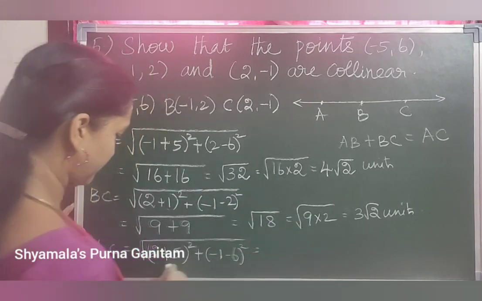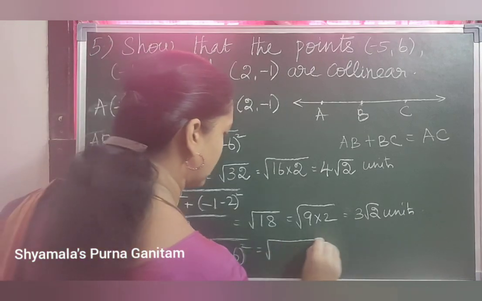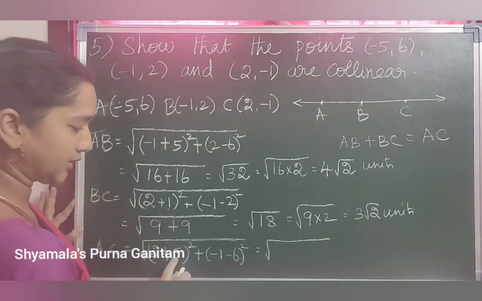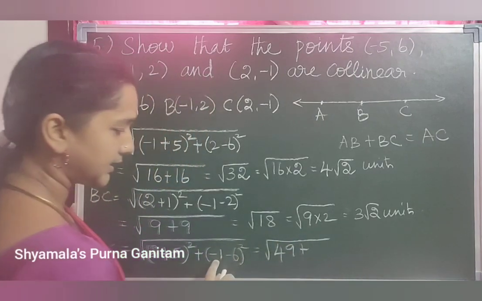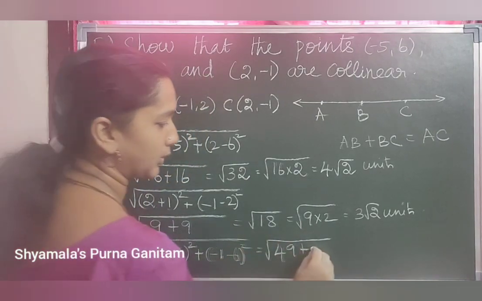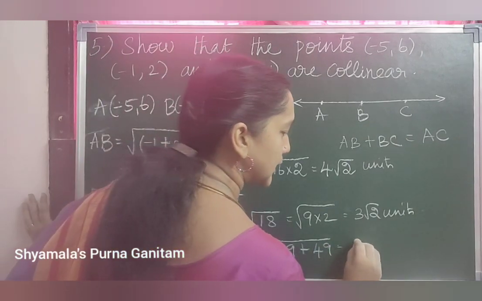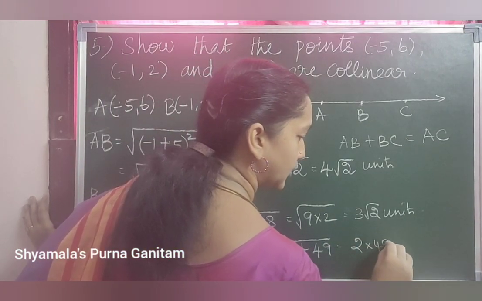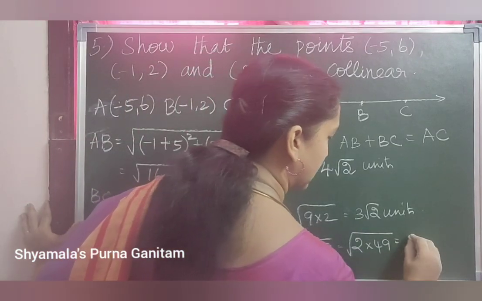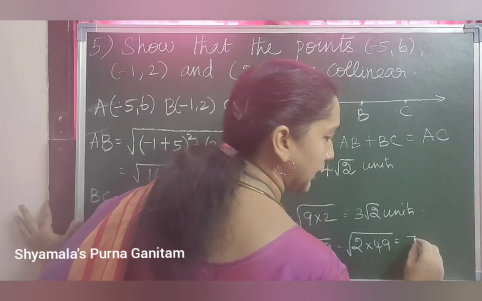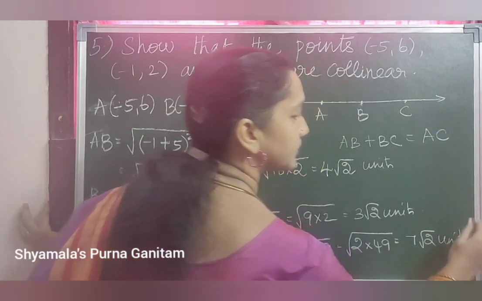Okay, so this one will be root of 2 plus 5, 7. 7 squared is 49, plus this one is also 7. 7 squared is 49. Okay, you can write this as 2 into 49, 2 times 49. So this one will be 7 root 2. Root 49 is 7. 7 root 2 units.